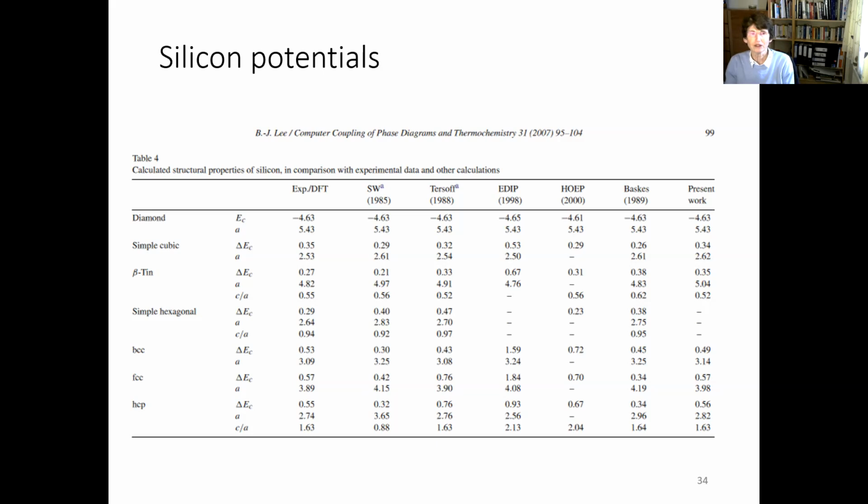I'm not going to go through the table. I think it was just an illustration to show that for diamond structured carbon, all of these many potentials, even the older Stillinger-Weber potential, the original Tersoff, and everything since will give you the cohesive energy and the lattice parameter very accurately. So this present work was actually a modified Tersoff, and it was published in 2007.